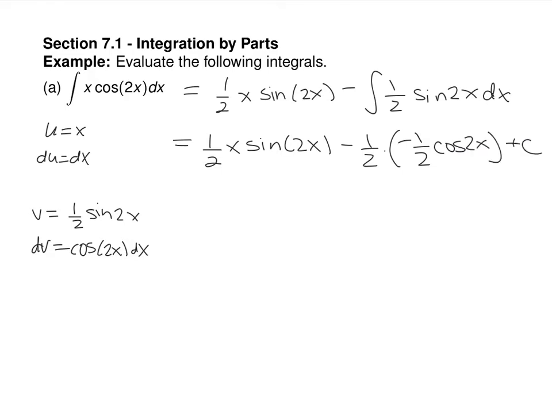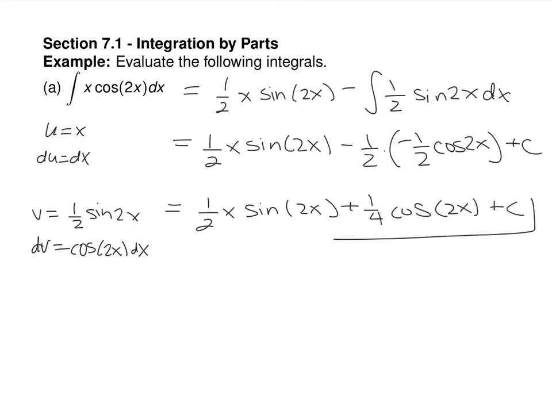Now just multiply those negative 1/2s, and our final answer is 1/2 x sine of 2x plus 1/4 cosine of 2x plus c. So often you let u equal the x or the x squared.